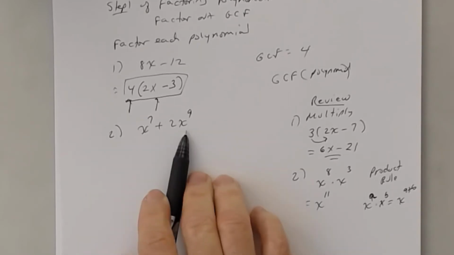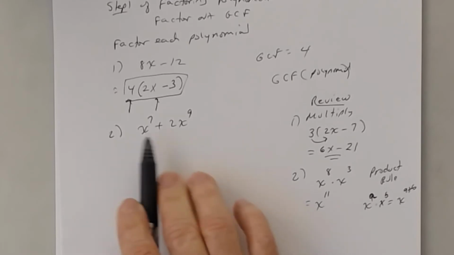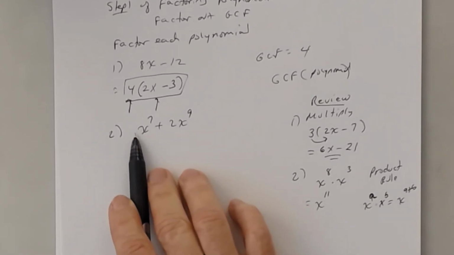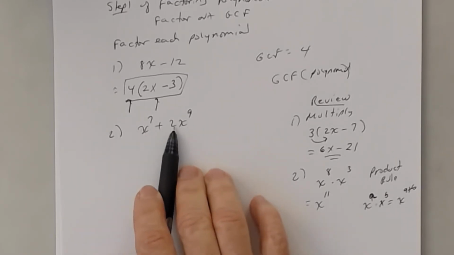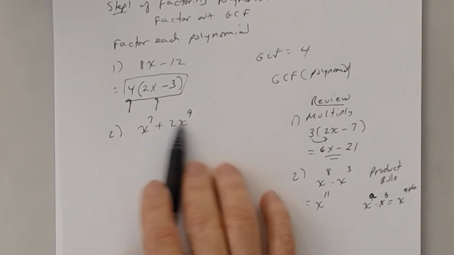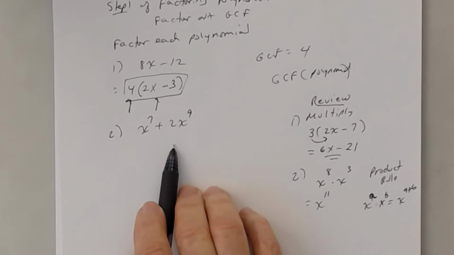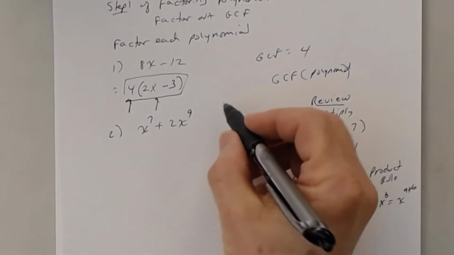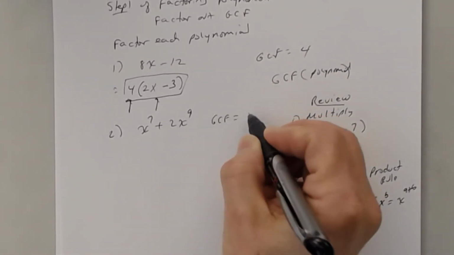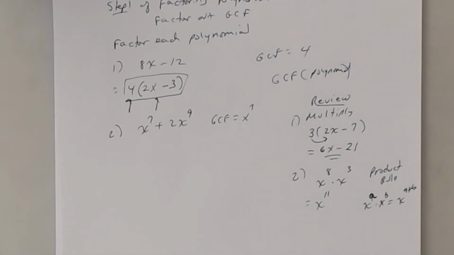How many factors of x are in this term? 9. How many do they have in common? 7. And what's this coefficient right here? And this one? What's your GCF for those? 1. So altogether, what's your GCF? x to the 7th.